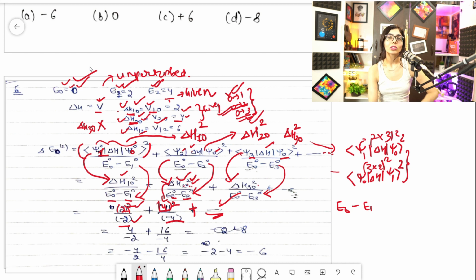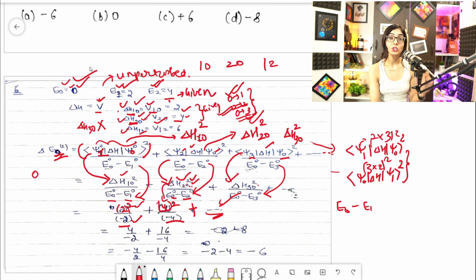So people who have only a very loose concept regarding second order perturbation will make pairs of 10, 20, 12, and they'll solve the question accordingly. No, whatever state is given, you'll make pairs according to that. Now the ground state, in ground state it is asked, so ground state is 0 over here.